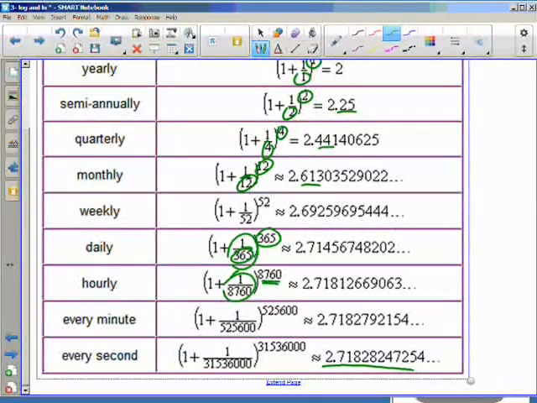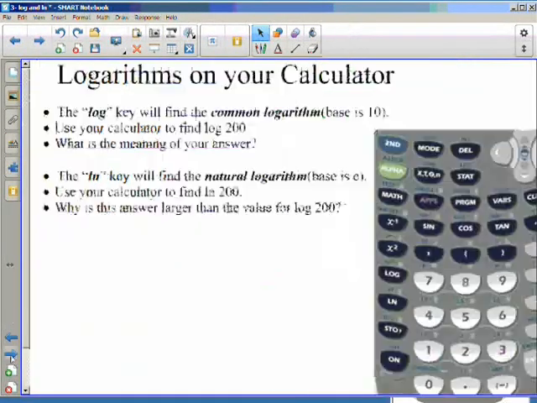This isn't exactly it, but it's pretty close. If you look on a calculator at what e is, it'll be a number that looks like that. So this number e is kind of an odd thing, but it really is useful, and we're going to work with it.